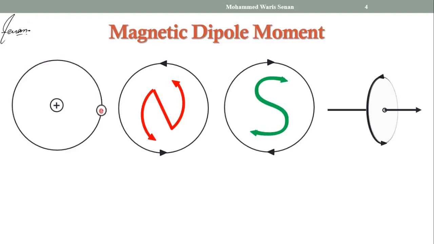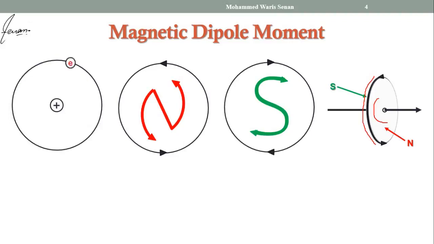Now if you see this face, the face at the right side, at this face you will find the magnetic lines of force going outward perpendicularly. So this face of the coil will behave as a north pole. And if you see the face at the back side, that is at the left side, at this face you will find the magnetic lines of force coming inward perpendicularly. So this side will behave as a south pole.